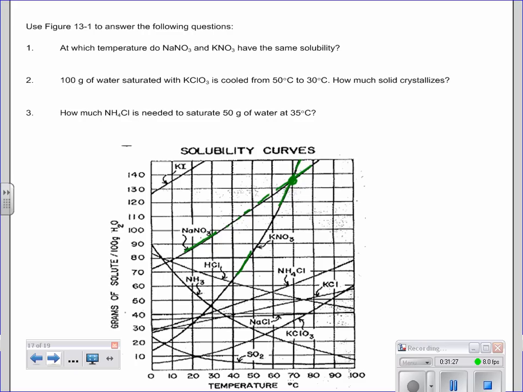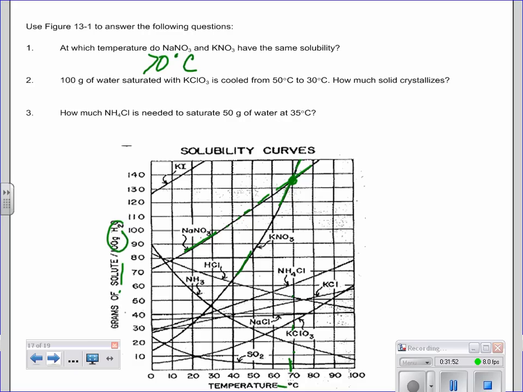Now, again, you want to make sure that you understand what your axes are telling you. This is the grams of solute per 100 grams of your solvent. That's your solubility. And down here we have temperature, given in degrees Celsius. So I would answer this: I'd come on down and I would see that it's right at 70 degrees Celsius.